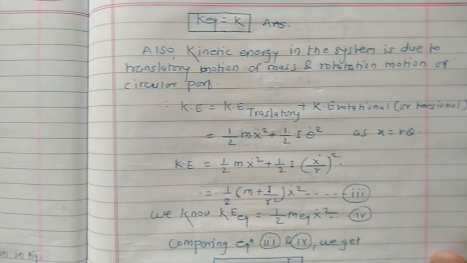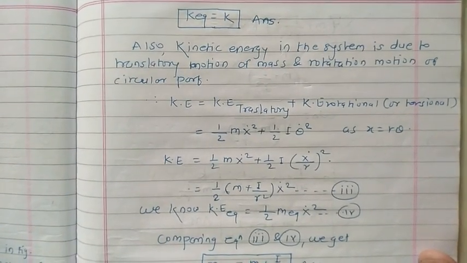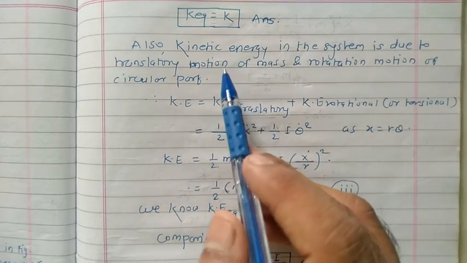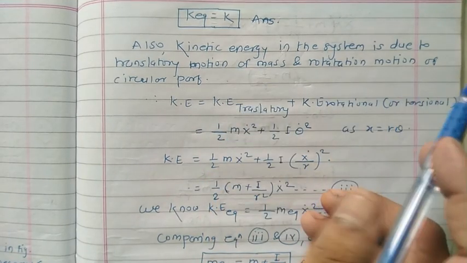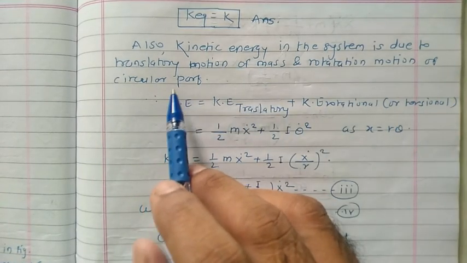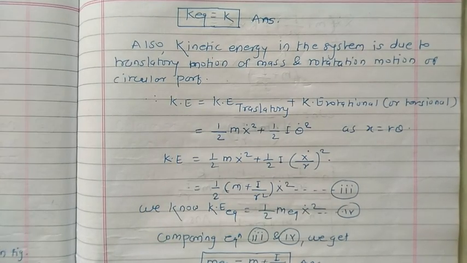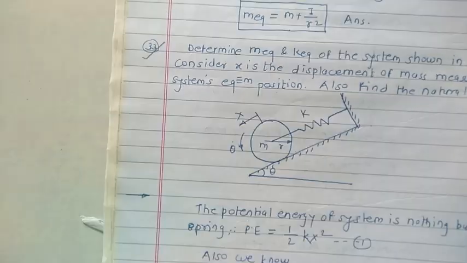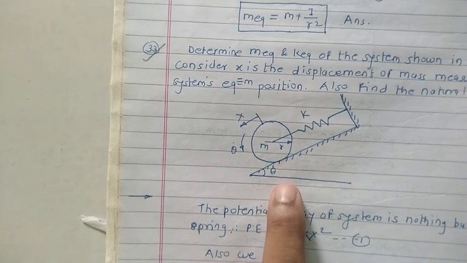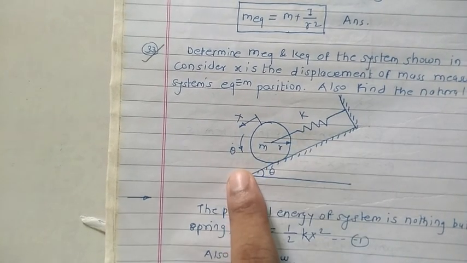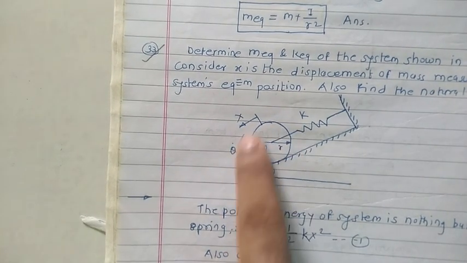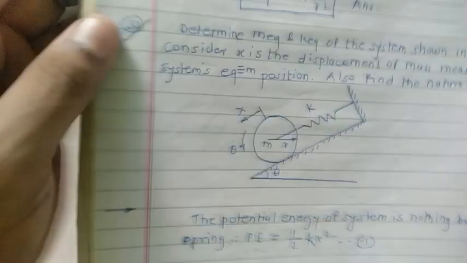Also, the kinetic energy in the system is due to translatory motion of the mass and rotational motion of the circular part, that is here the cylinder or the same mass. Translatory motion as well as rotational motion of this mass should be considered.